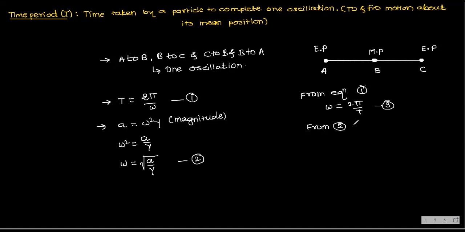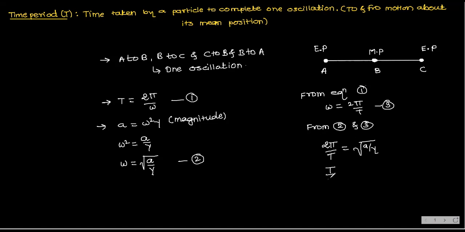From equation 2 and 3, this is also omega, this is also omega. So what you are getting? 2 pi by T is equal to under root of A by Y. Clear? Okay. Now take reciprocal.